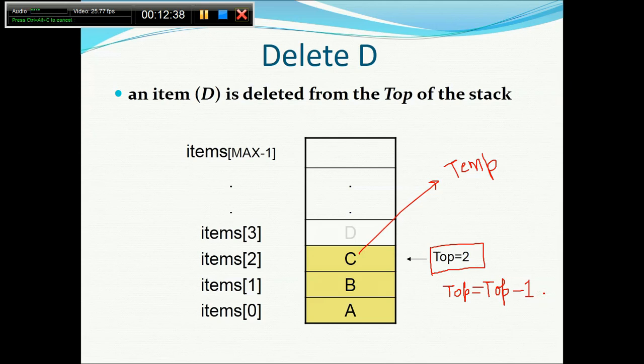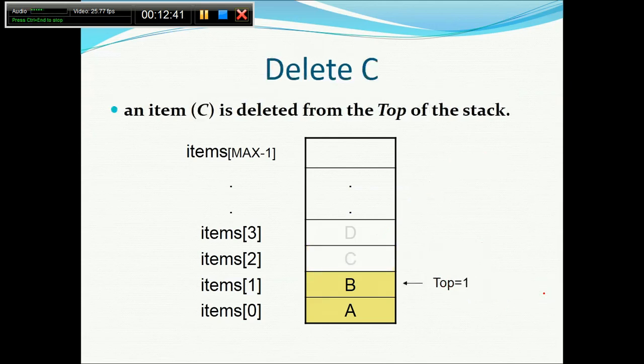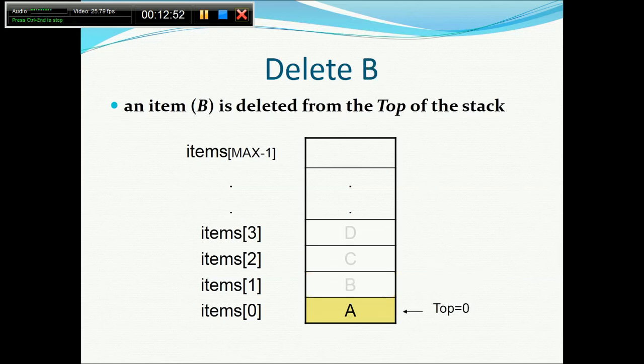In this case, it would be deleted. In the same way, if you want to delete again, copy whatever the top is pointing to into a temporary variable, and then top is equal to top minus 1. We are done. Suppose you want to delete one more time.